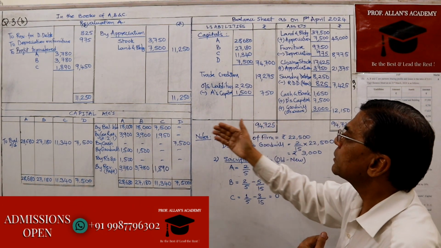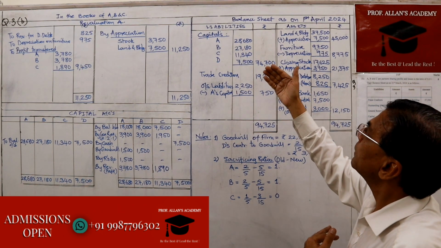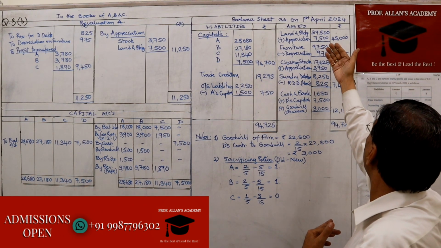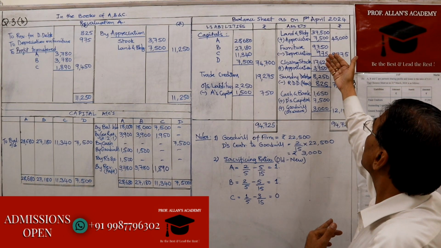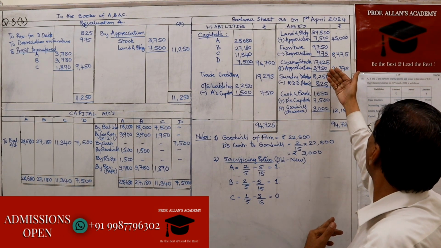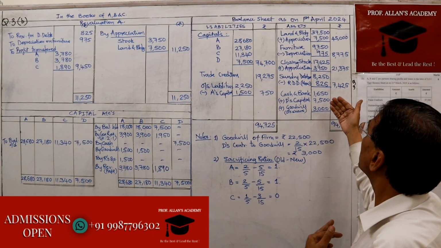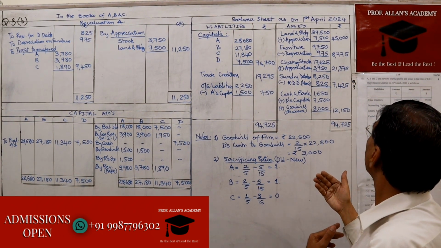Then the capitals will be brought down as they are given. Land and building 37,500, furniture 9,750, stock 17,625, debtors 8,250, cash at bank 1,650.